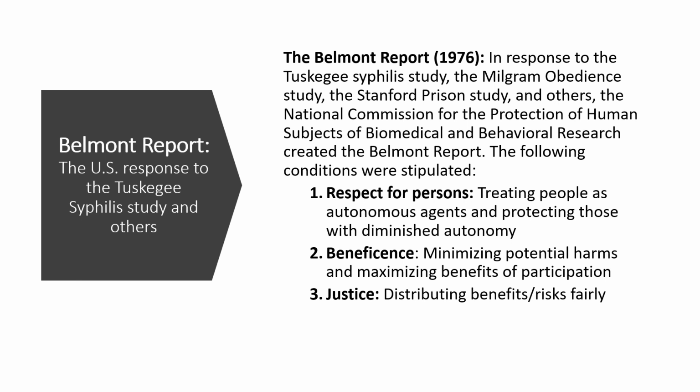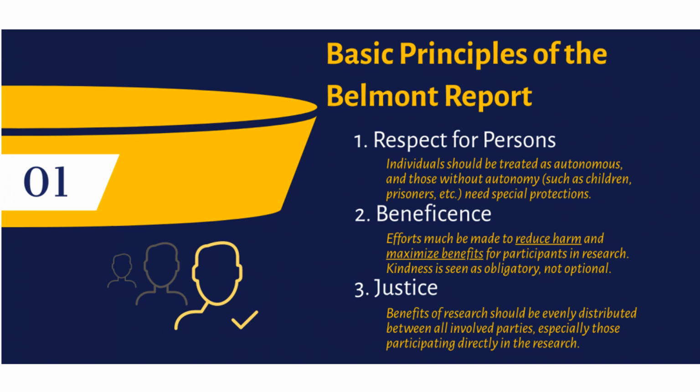So let's look at these in a little more detail. So the basic principles: respect for persons, beneficence, and justice. And the justice example in particular suggests that, let's say we're testing a new medicine, and half of the people, in order to know whether the medicine works, we have to assign half of the people to not receive the medicine, to receive a placebo, because otherwise we can't know if the medicine works.